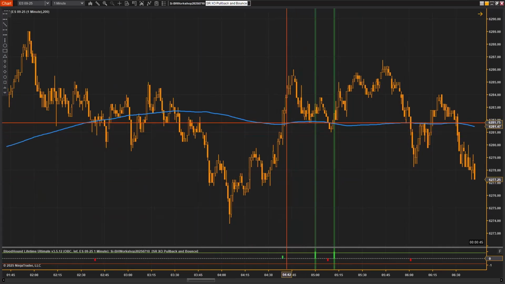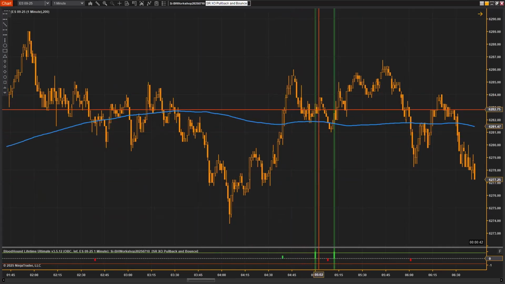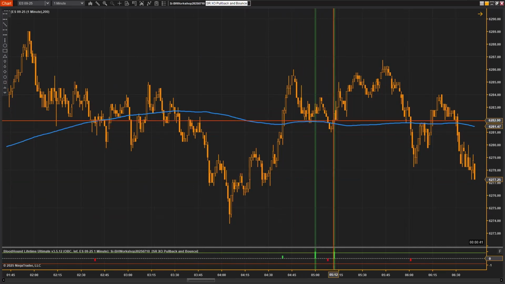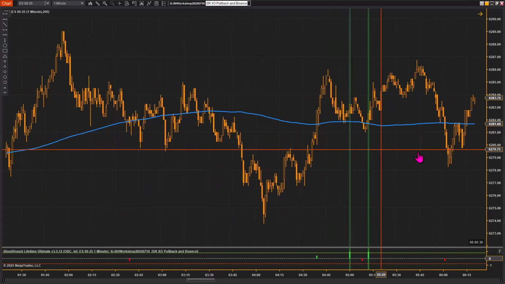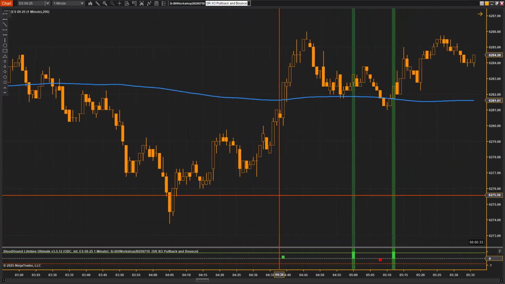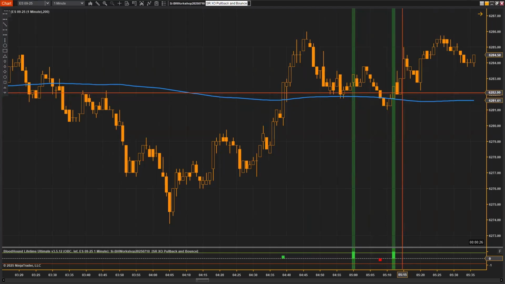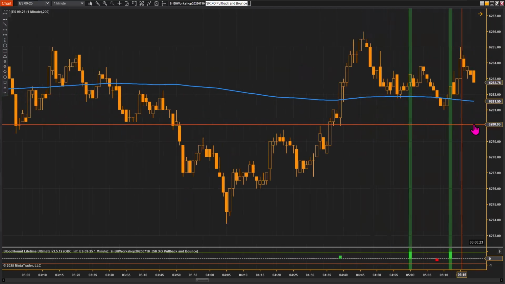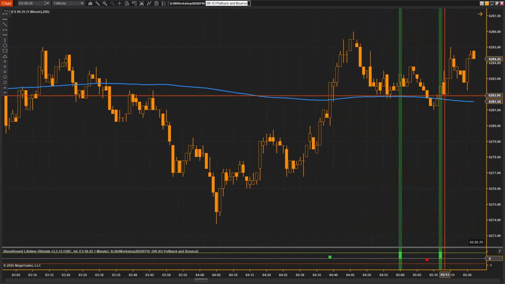Let's see here. Yep, cross up and we get a bounce. And we have another bounce. Yeah, this second signal here does not look correct. All right, so let's debug this.